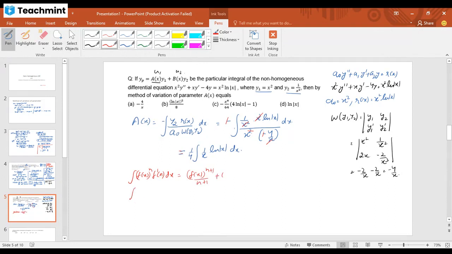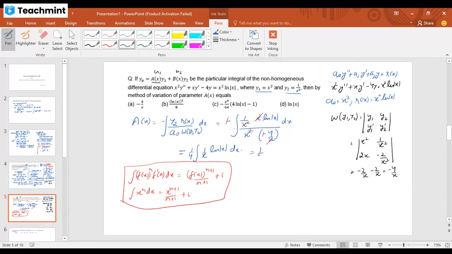Like I can consider the integral of x raised to the power n dx. What is the derivative of x? It is dx. So what is the answer? It is the power rule, x raised to power n plus 1 upon n plus 1, plus c. So basically, we are using only this identity. So if we use this identity, what do we get?